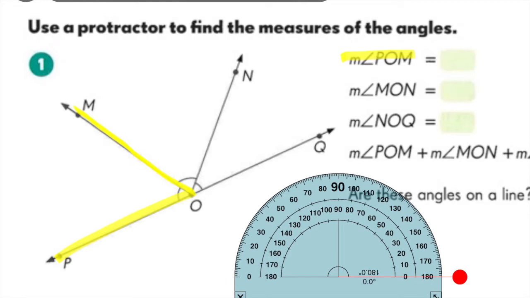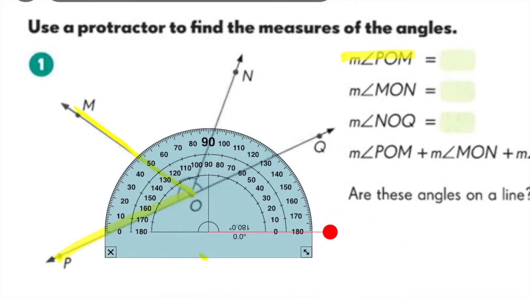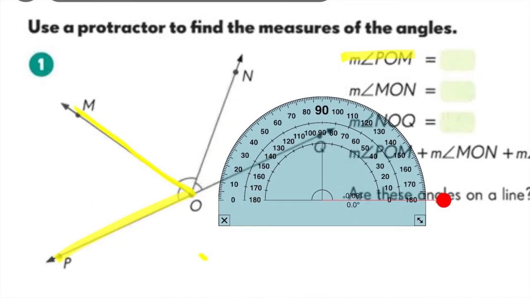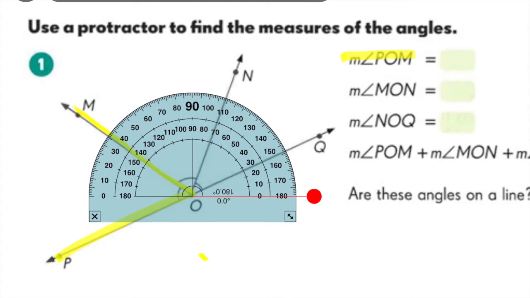And so step one, when you're measuring an angle, is you want to take the vertex of the angle, remember that's where the two rays meet, and you want to line it up with the center point of the protractor.